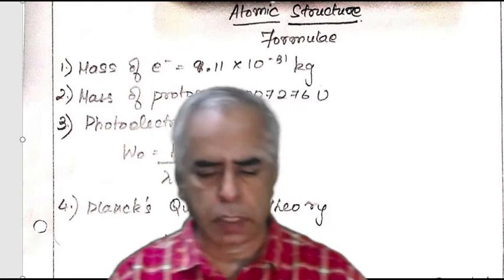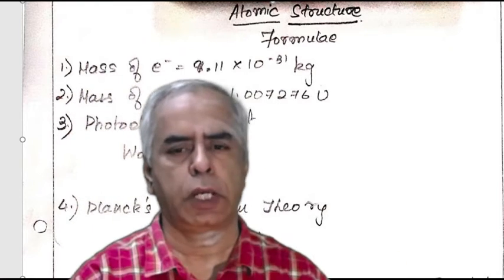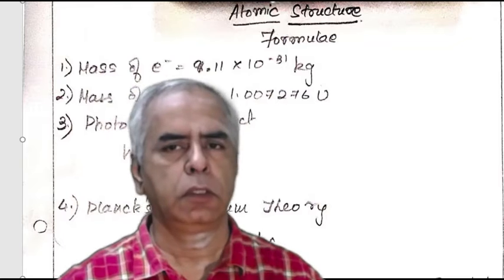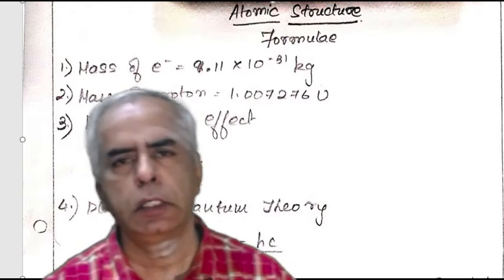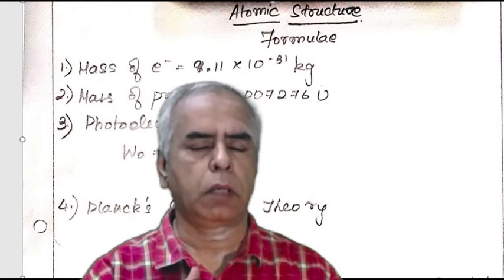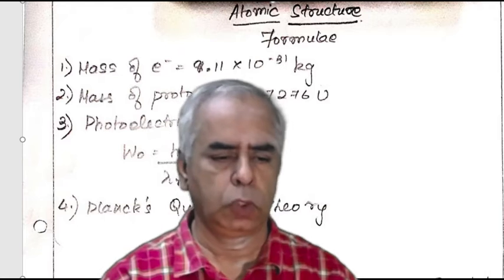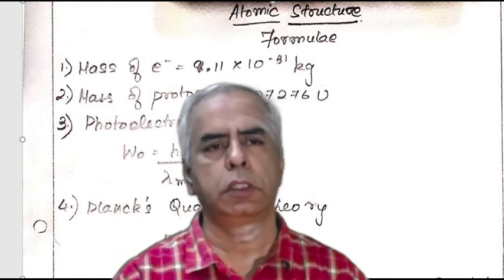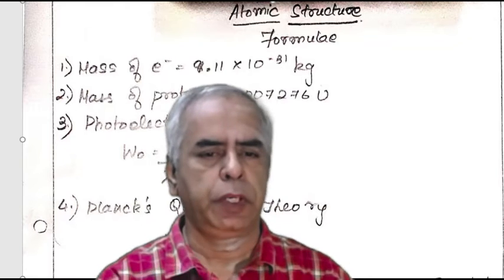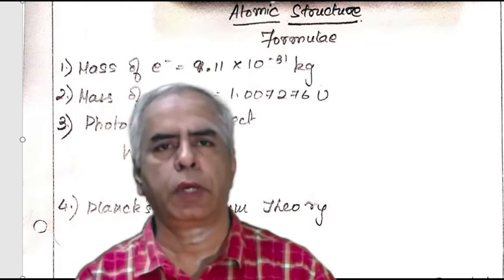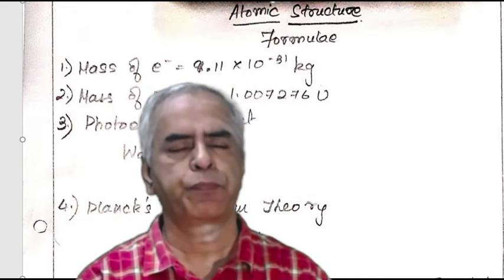When we consider the atom, it always maintains neutrality by having an equal number of protons and electrons. For example, let me consider the oxygen atom. The atomic number of oxygen is 8. This atomic number is nothing but the number of electrons or the number of protons because they are equal in number.